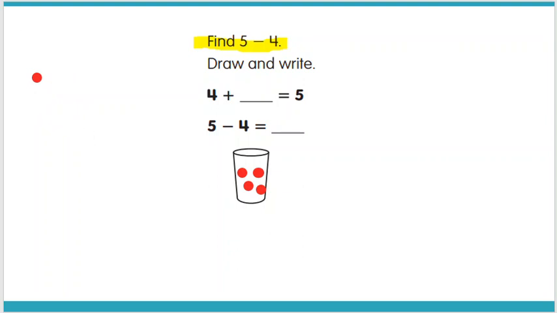So we can see very clearly that we have 1 here, and we have 4 in the cup. So 4 plus blank equals 5. I've got 4 in the cup and 1 right here. So 4 plus 1, that's going to total our 5. I could start at 4 and count up, 4, 5. I also know that 5 minus 4, so we have 4 here. How many were left? That would be that 1 there. So 5 minus 4 equals 1. So I can also do it that way.